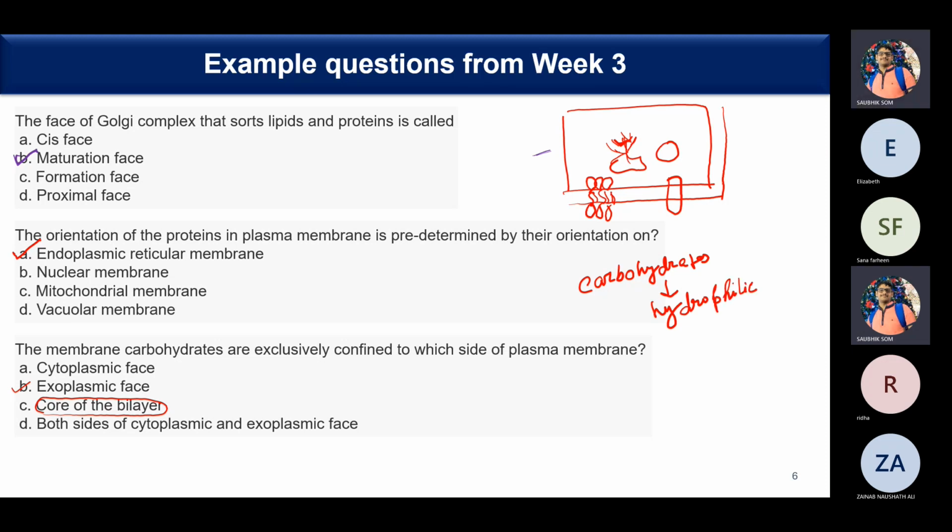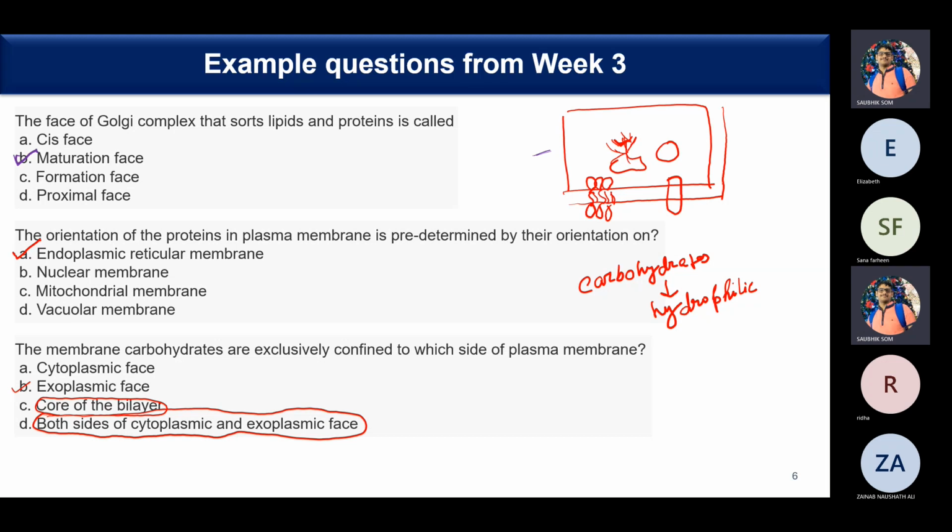So they cannot be in the core of the bilayer. They also cannot be on both sides, because it would have to pass through the bilayer, and since it's hydrophilic, it can't pass through like that. So it is either the cytoplasmic phase or the exoplasmic phase.